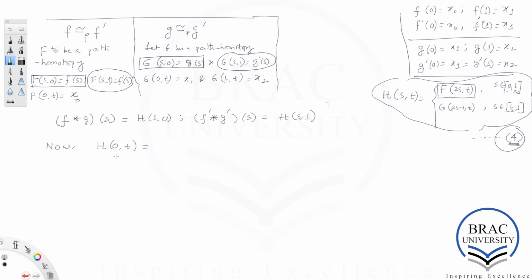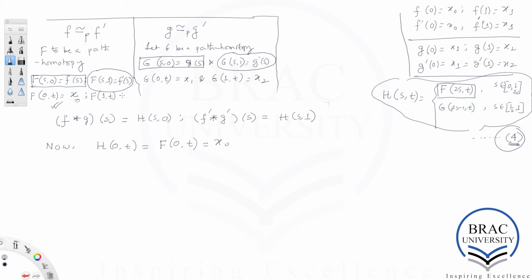So H(0, t) is going to be equal to F(0, t), and F(0, t) is x0, right? I think this is erased, so I should rewrite it here.